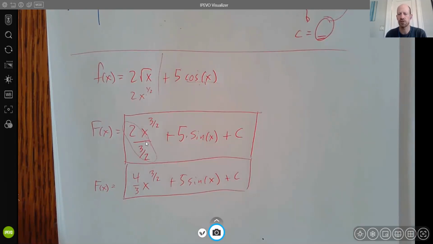Any other questions? Okay. We will practice more antiderivatives and learn more about antiderivatives at the end of chapter 5, so 5.4 and 5.5 a little bit.